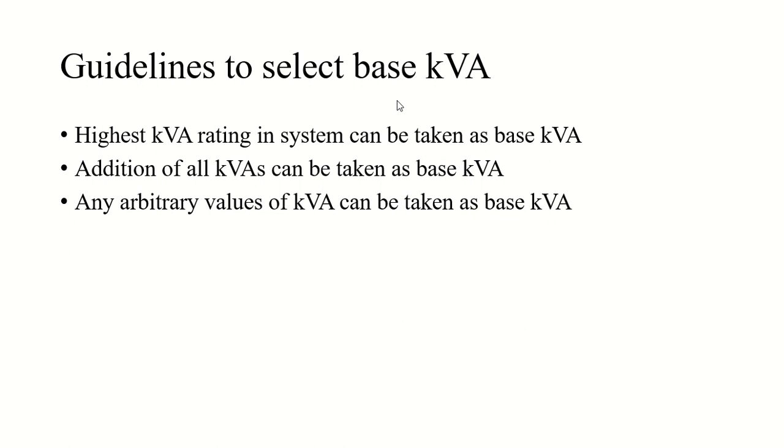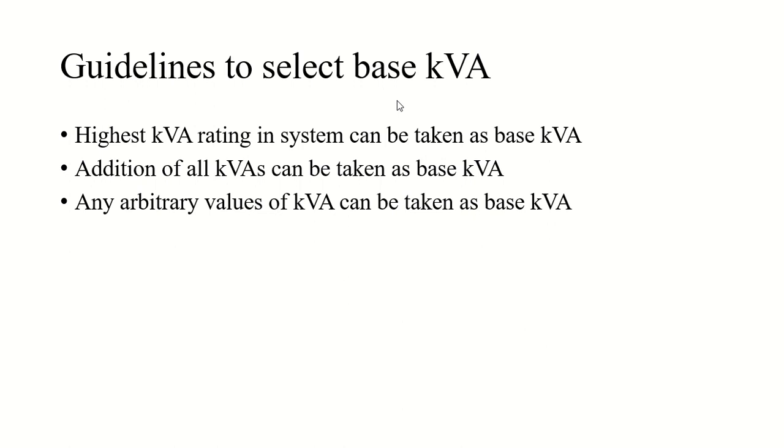You can take the summation of all the values of kVA given. Like if there is a transformer having 100 kVA, then 250 kVA, then 300 kVA, then 500 kVA, then I can take the summation of all the kVAs. I add 100 plus 250 plus 300 plus 500, and the sum I get is 1150 kVA.